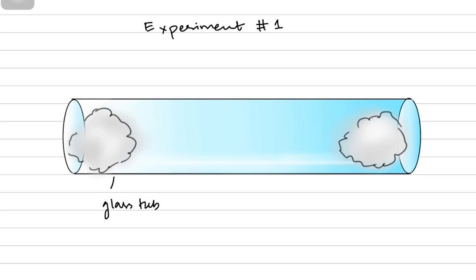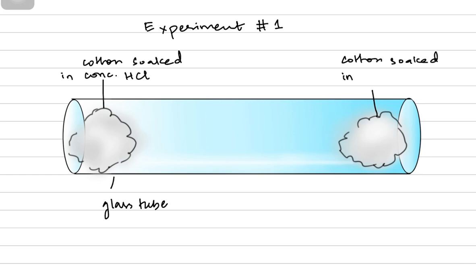Imagine I have a glass tube which is sealed on both sides, and I have a piece of cotton which is soaked in concentrated hydrochloric acid. On the other end, I have a cotton piece soaked in concentrated aqueous ammonia solution.